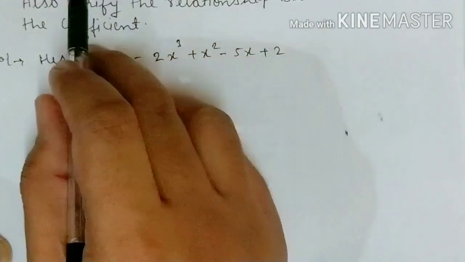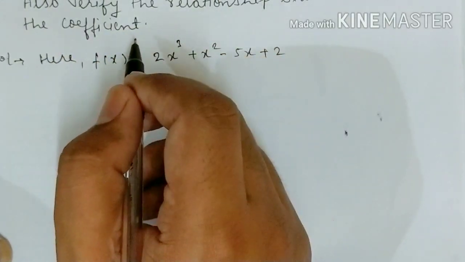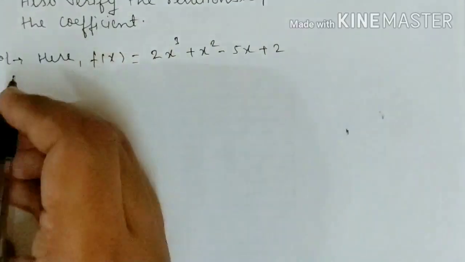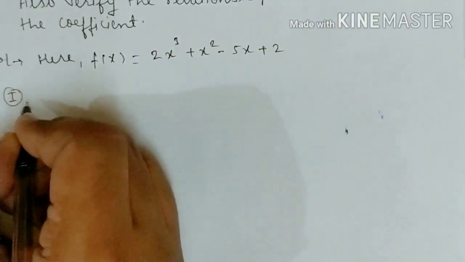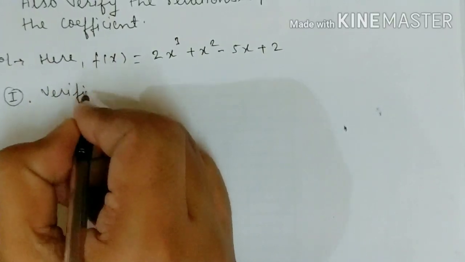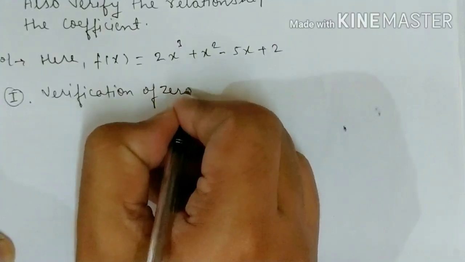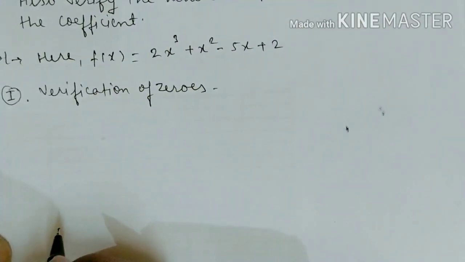Now first we are verifying that 1 by 2, 1, minus 2 are the zeros of the polynomial. So in the first part of the question, I am writing here: verification of zeros.